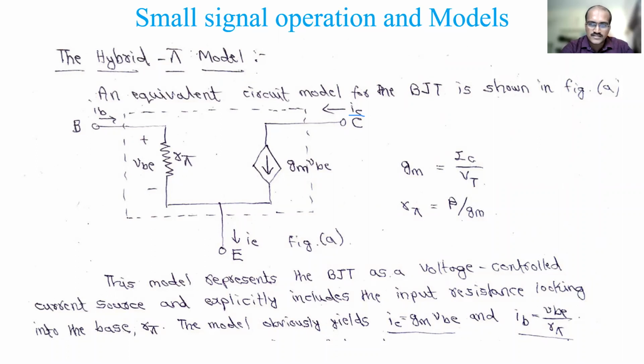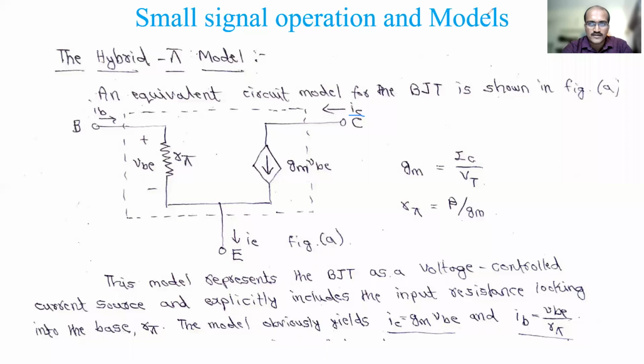Using the relationship of gm and rπ and substituting, we can also get this as a current controlled current source. So this gm vπ, a voltage controlled current source, can be replaced by a current controlled current source by modifying the equations. That is sometimes used in the analysis.